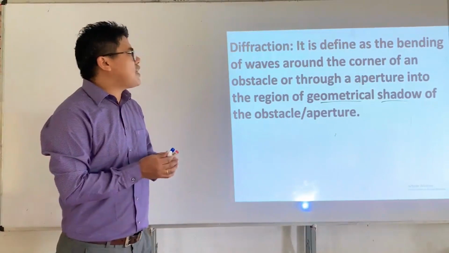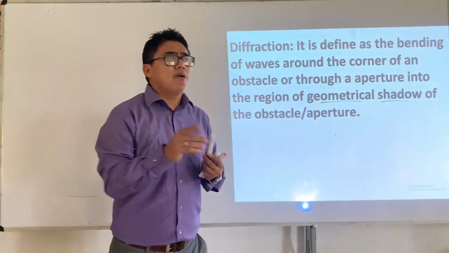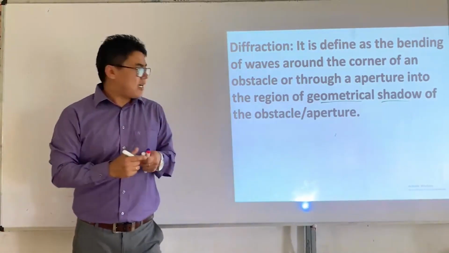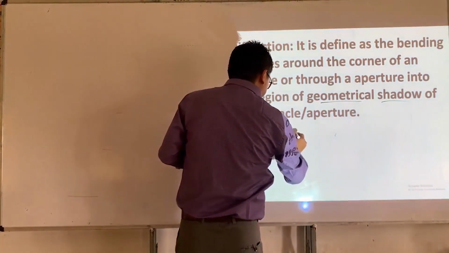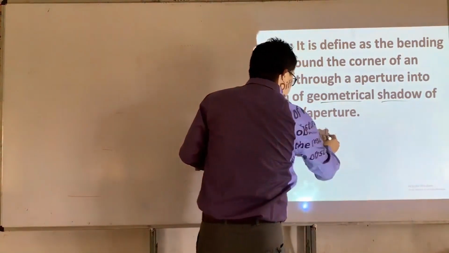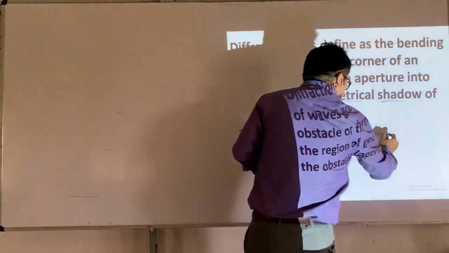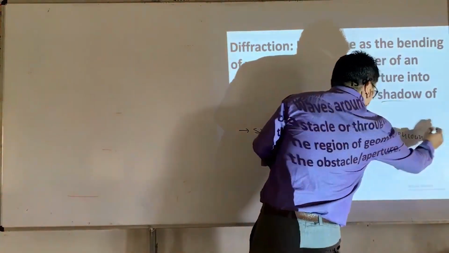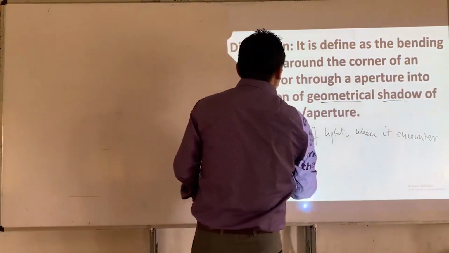So this is what we define as diffraction. A simple definition is the spreading of light when light passes through a small slit or encounters obstacles. I say this is the spreading of light when it encounters a slit or obstacle.